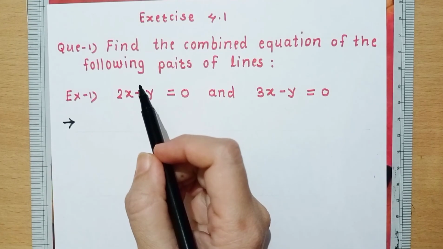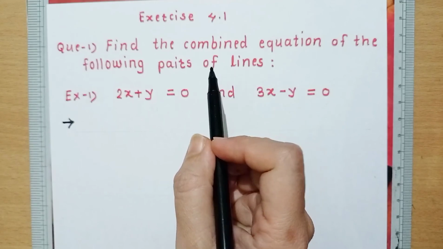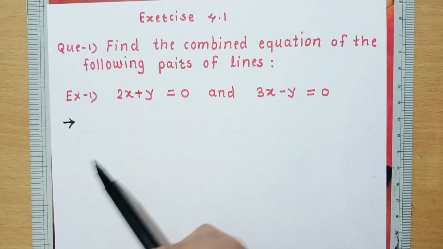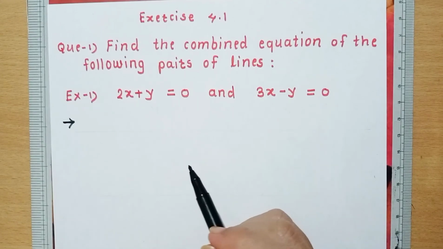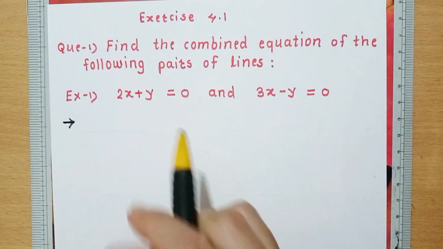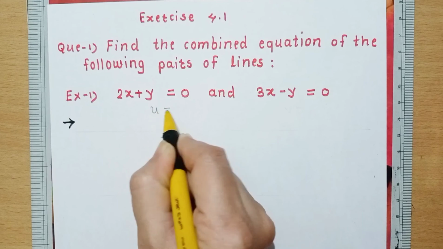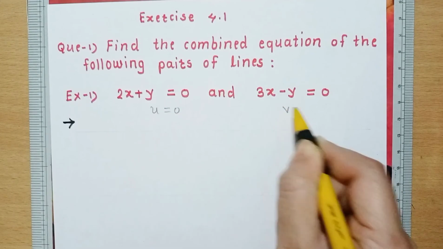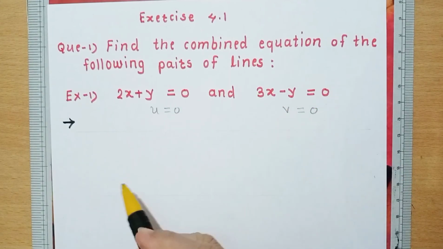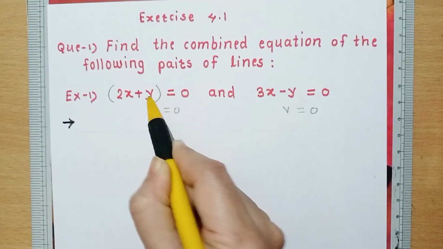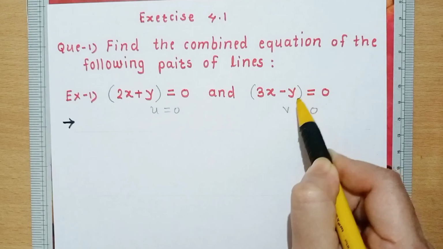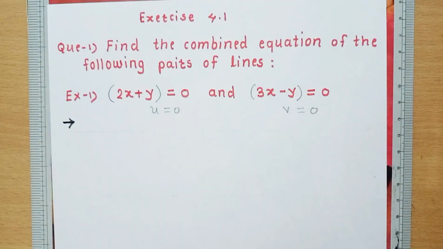Let's solve the first question. Find the combined equation, from exercise 4.1, and our first example is this. Here the first equation is u equal to 0 and the second equation is v equal to 0, and to find the combined equation we have to multiply this bracket and this bracket equal to 0.